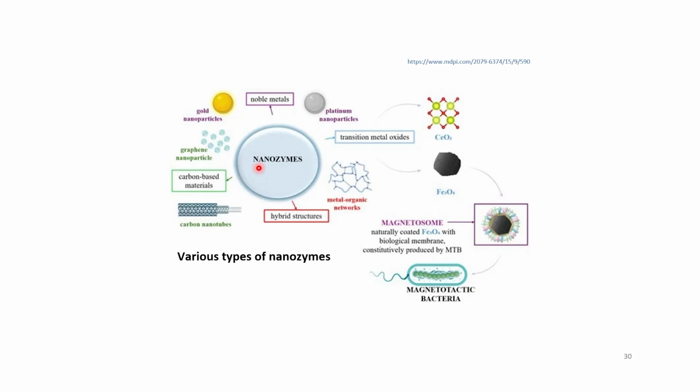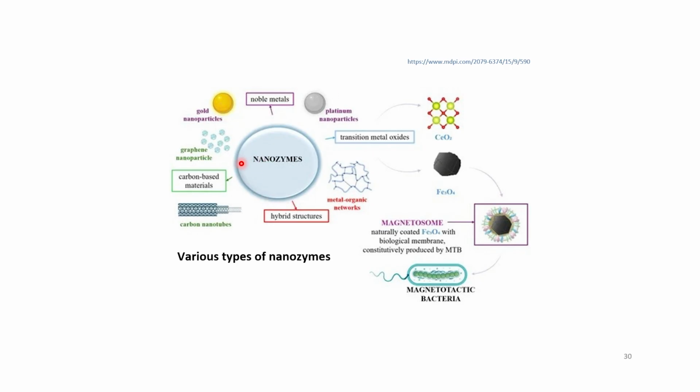So nanoparticles mimic some peroxidase activities, and these nanoenzymes mimic the peroxidase activity of natural enzymes. Nanozymes can be noble metals, platinum nanoparticles, some transition metal oxides, metal organic frameworks, hybrid structures, carbon nanotubes or carbon-based materials, or graphene nanoparticles, gold nanoparticles. These all can be used as nanozymes.